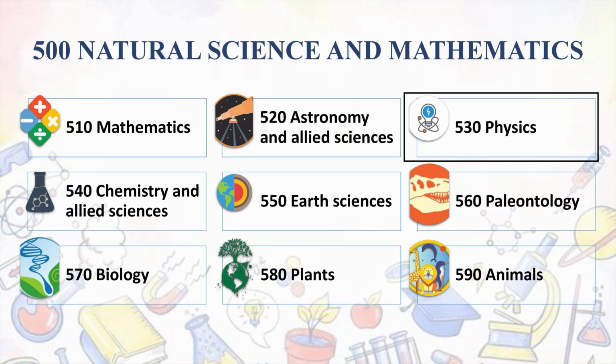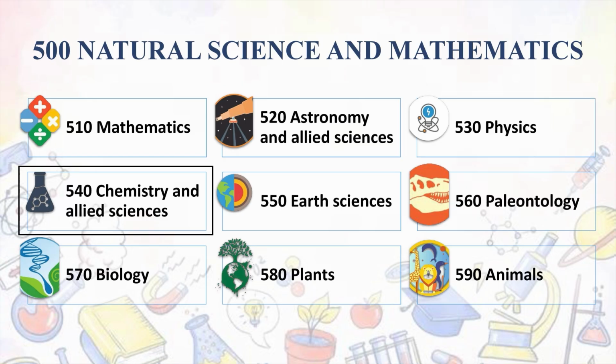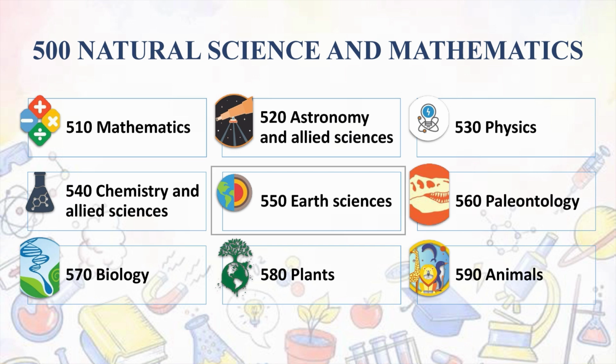530 is for physics. You know, physics. 540 is chemical sciences and allied sciences. 550 is earth sciences. Earth sciences actually deal with geology, hydrology, all the things available under the ground.